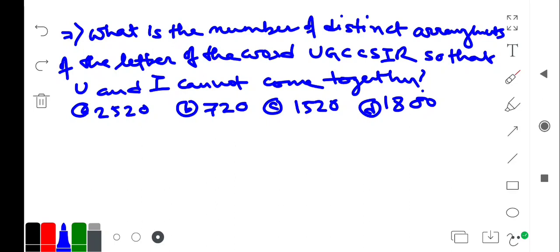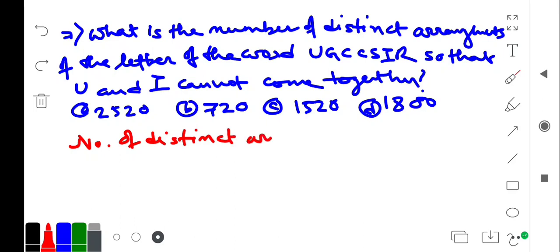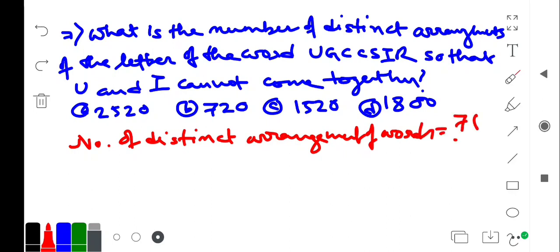Okay, এমন ভাবে we have to arrange in such a way that U and I cannot come together. আমাদের এমন ভাবে সাজাতে হবে, এমন ভাবে অ্যারেঞ্জমেন্ট করতে হবে যে ইউ আর আই কখনোই কাছাকাছি থাকবে না। ওকে, সো দেখো, number of distinct arrangements of the word equal to 7 factorial by 2 factorial, 2520.